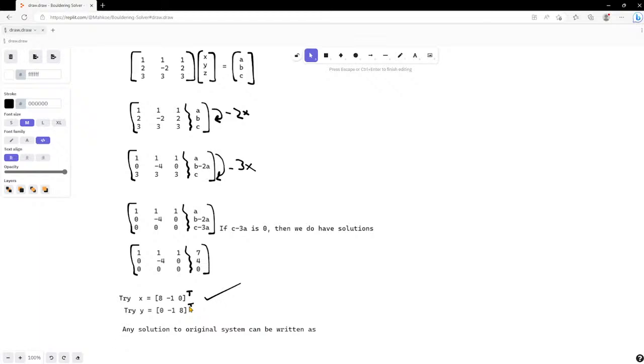It's not just any arbitrary linear combination of x and y. It's like ax plus by such that a plus b equals 1.